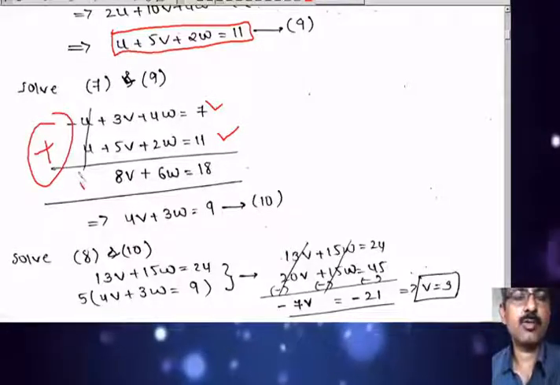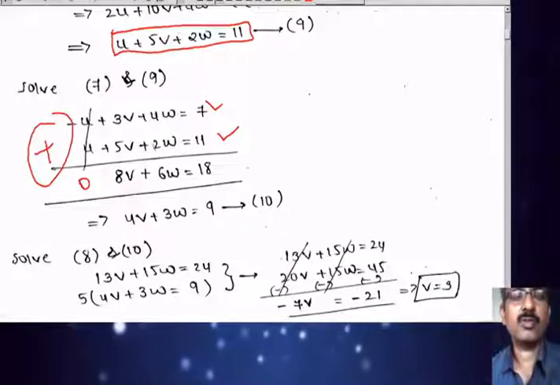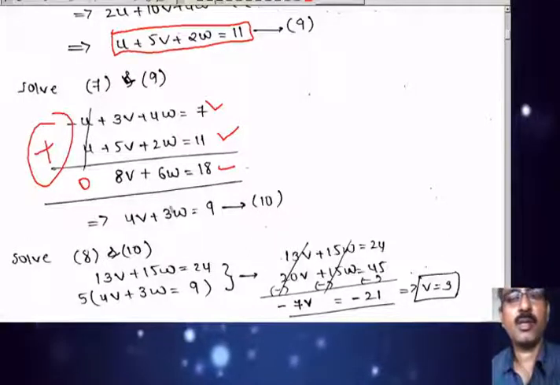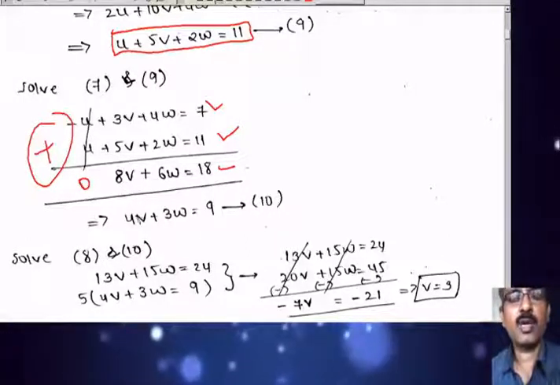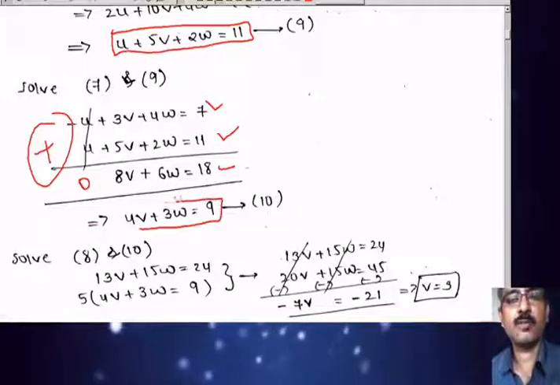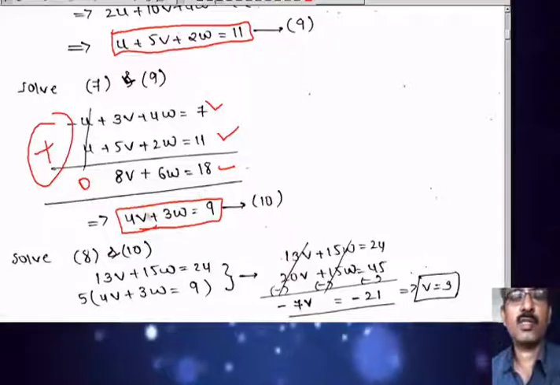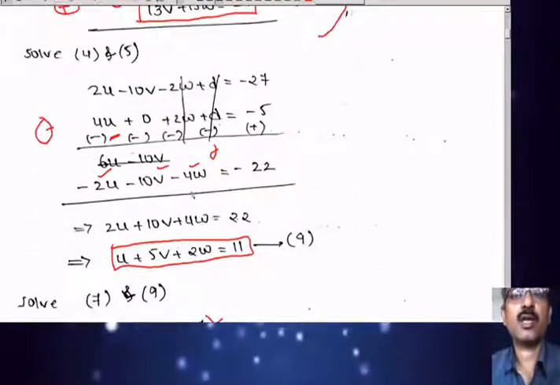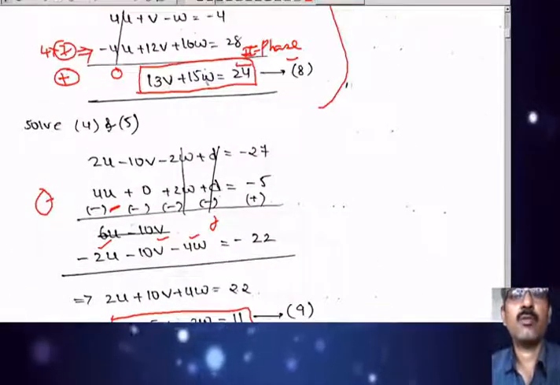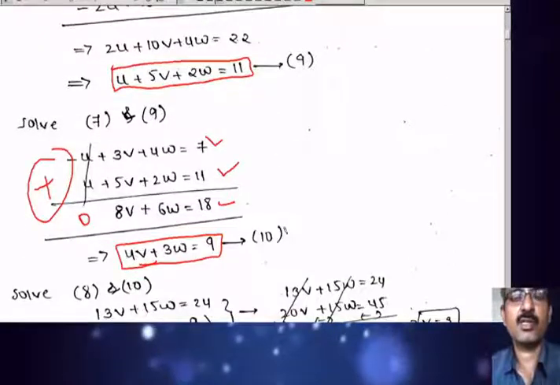It is 0. 8 plus 4w, 6w, 18, and taking 2 common and cancelling both sides, we get this. In phase 2 we have two equations having u and v, equation 8, equation 10.